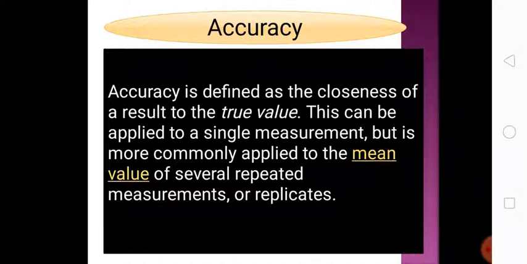Accuracy. Accuracy is defined as the closeness of a result to the true value. This can be applied to a single measurement but is more commonly applied to the mean value of several repeated measurements or replicates. The accuracy of a determination may be defined as the concordance or agreement between it and the true or most probable value.